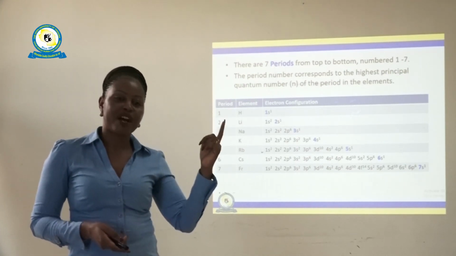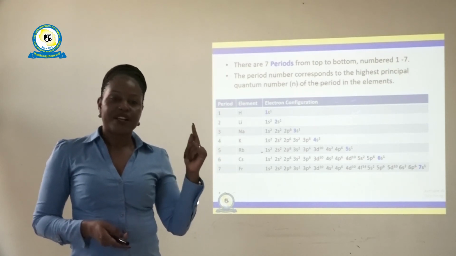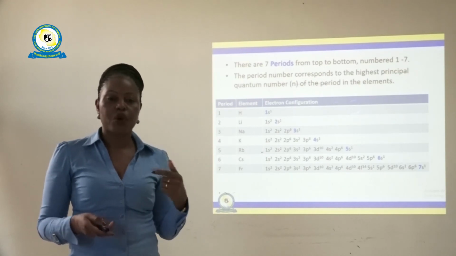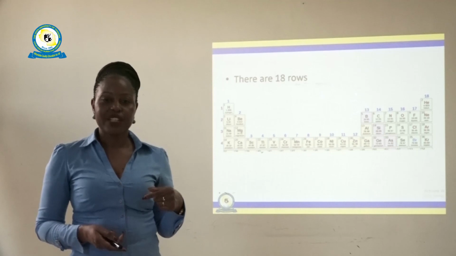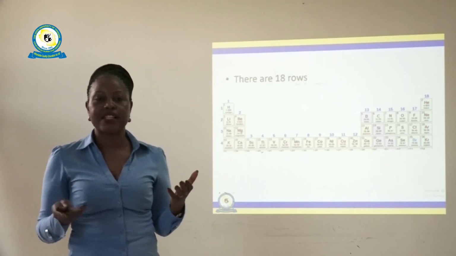For example, 1 for hydrogen, 2 for lithium, 3 for sodium, 4 for potassium, and so on and so forth. And we also noted that in this modern periodic table there are 18 groups.